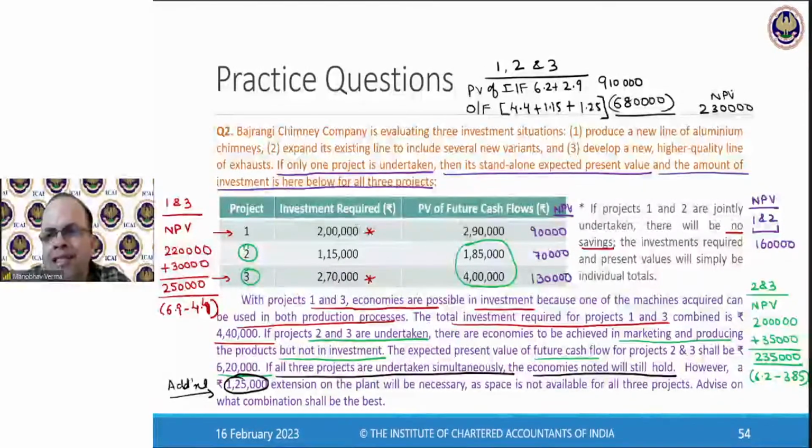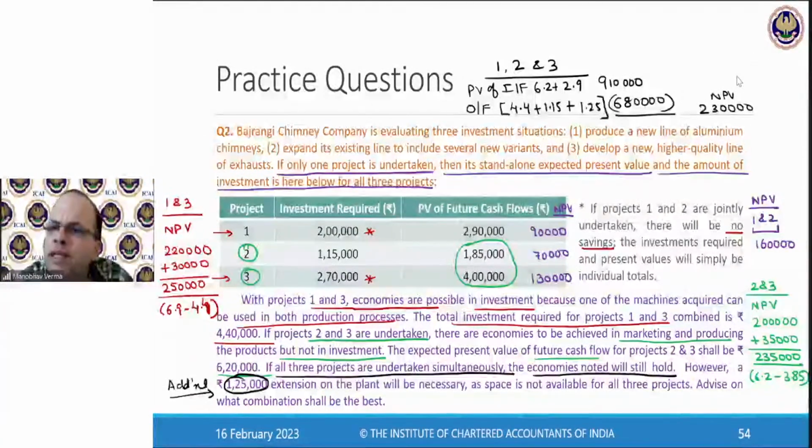Now, had this additional investment not been required, this would have been a winner, right? Had this additional investment of 1,25,000 not been required, a combination of projects would have been best. And look at that, where we started from today is like capital rationing. Here also the capacity was rationed and we had to increase the capacity by investing another 1,25,000.